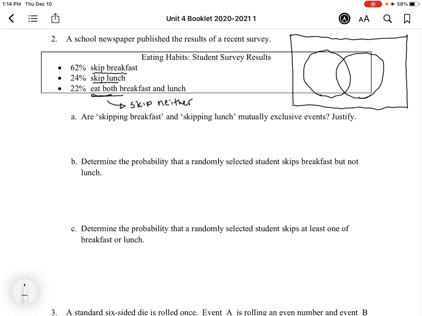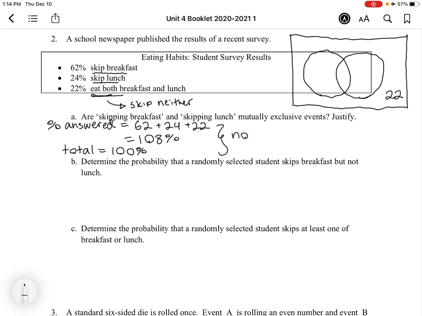So firstly, we know the 22 is going to go out here. If we think about the percent answered, and we add those up, we've got 62 plus 24 plus 22. And that adds up to 108%. That's more than 100%. Our total has to be 100%.